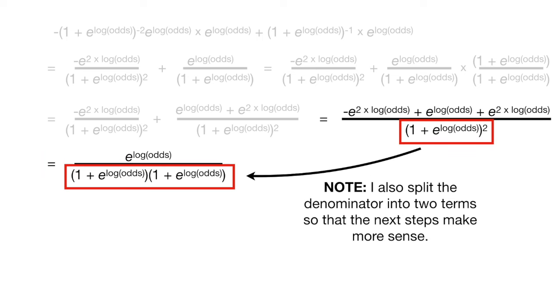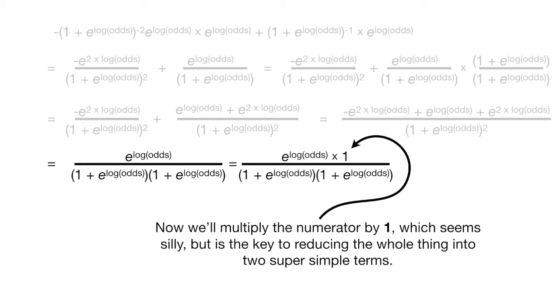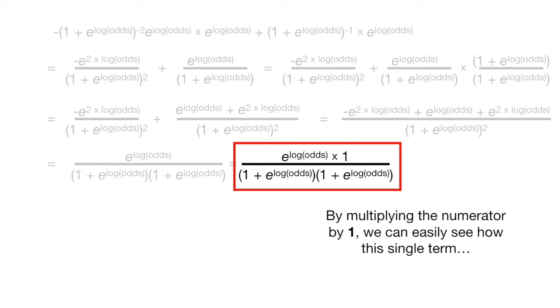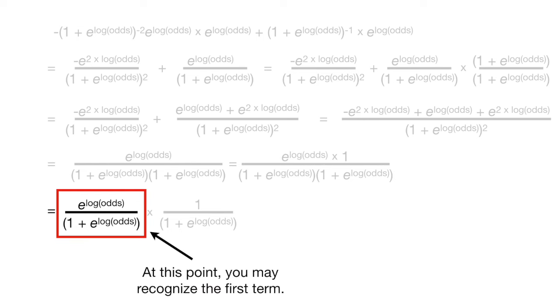Note, I also split the denominator into two terms so that the next steps make more sense. Now we'll multiply the numerator by 1, which seems silly, but is the key to reducing the whole thing into two super simple terms. By multiplying the numerator by 1, we can easily see how this single term separates into two terms multiplied together.